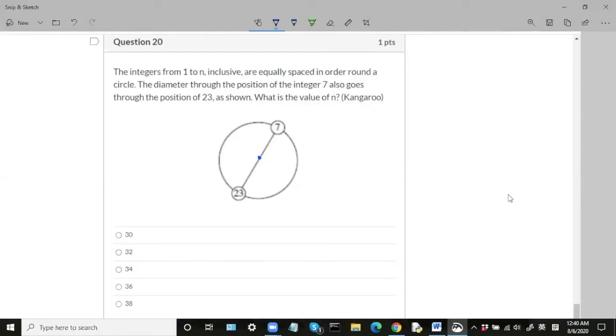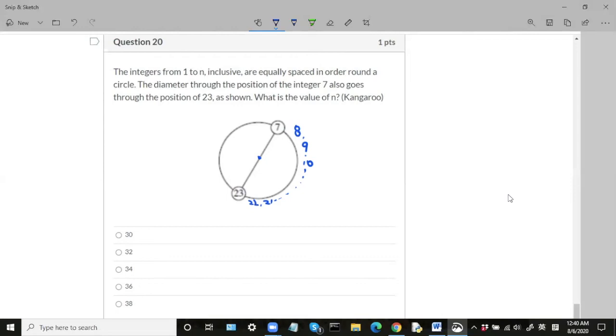So this diameter basically splits this circle into 2 semicircles. If we can figure out how many numbers are on this semicircle, these numbers would be 8, 9, 10, until 21, 22, and 23, then we know how many numbers are on the entire circle.